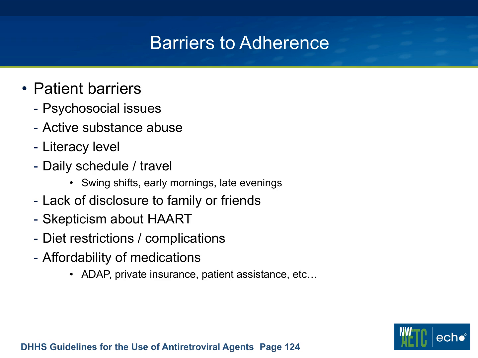Lack of disclosure to family or friends can lead to isolation and hiding of medications, not filling medications, and so forth. Patients may be skeptical about their drug therapy. They may not necessarily believe in it. They may have misinformation as well. Working with patients, food restrictions, complications, all of that will help bring down those barriers.